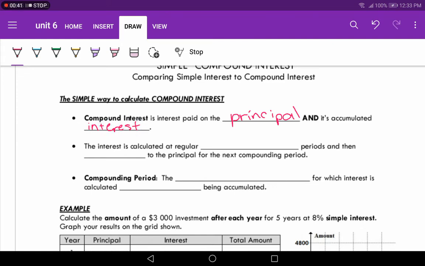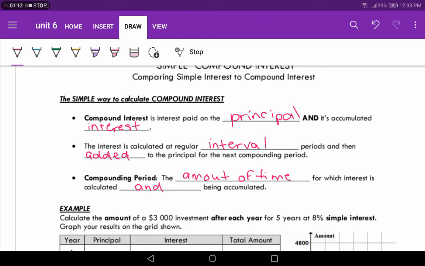The interest is calculated at regular intervals or regular interval periods and then added to the principal for the next compounding period. A compounding period is the amount of time for which interest is calculated and being accumulated.